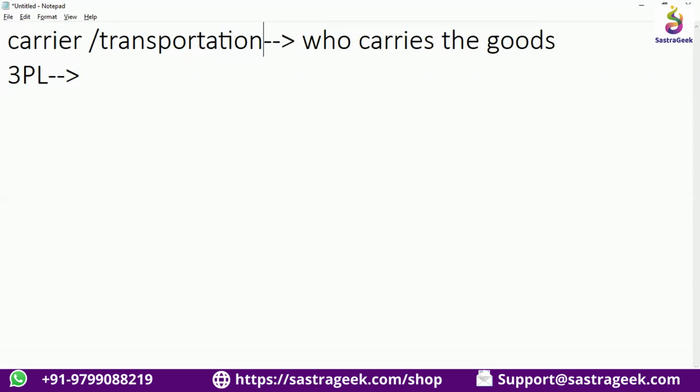Logistics is a bigger umbrella containing multiple processes, of which transportation is one part.